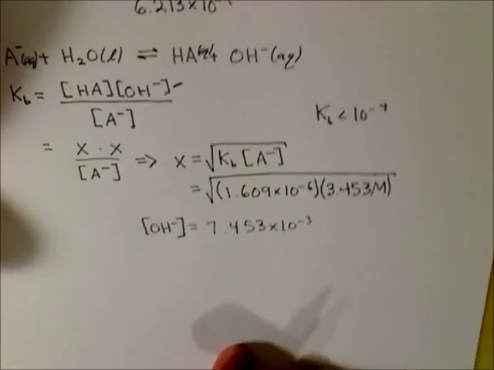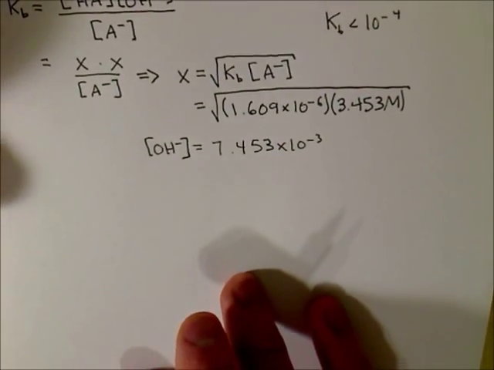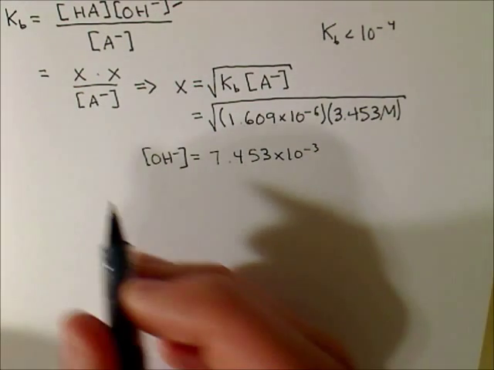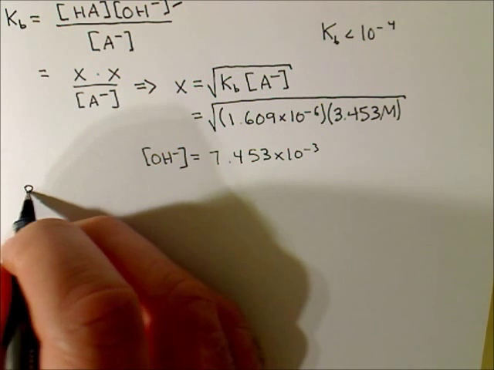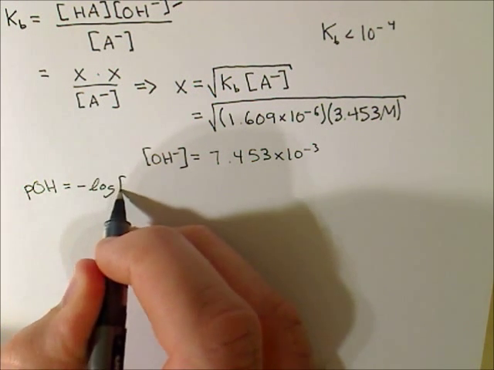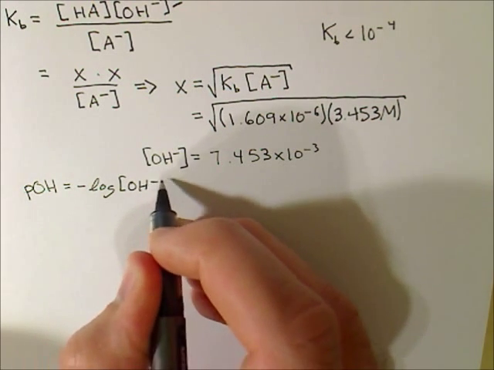Okay, so now that we have that, we have everything we need to find the pH. So let's start by finding the pOH. It's just the negative log of the concentration of OH minus.